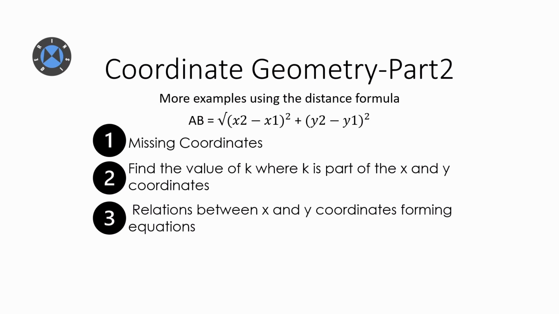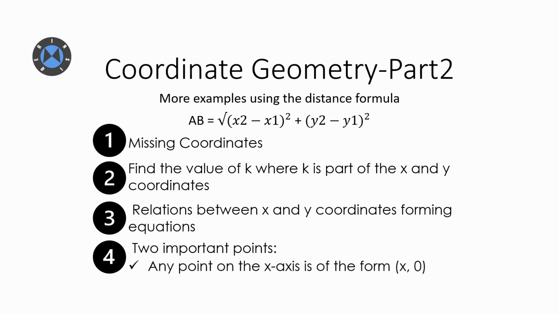Then we'll see some examples on the relation between the x and y coordinates forming equations. And the fourth: there are two important points which we will discuss. Any point on the x-axis will take the form (x, 0), which states that any point on the x-axis has its y coordinate 0.